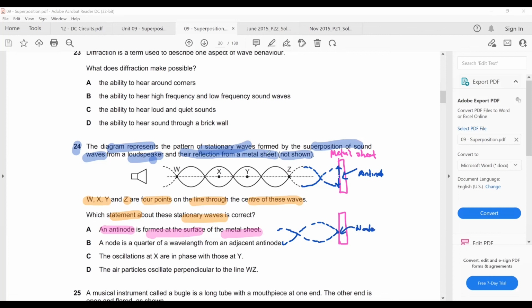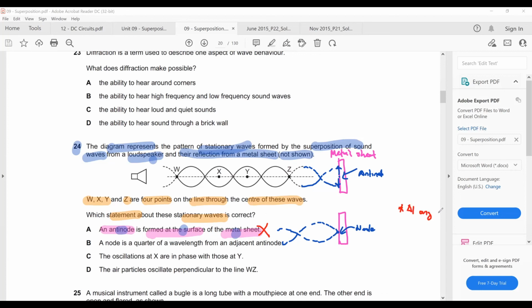Now, this is supposed to be covered in the next lesson on stationary waves, but I just mention it to you first. When they say that an antinode is formed at the surface of the metal sheet, this is definitely wrong. You will get an understanding of it later.